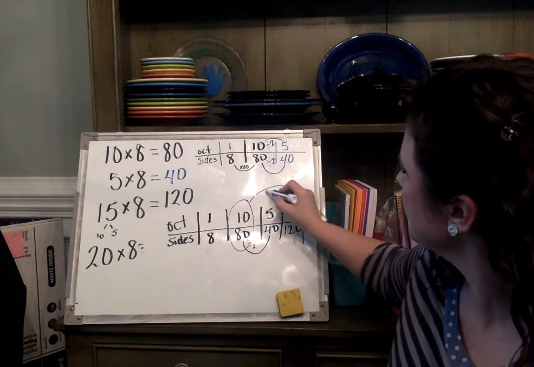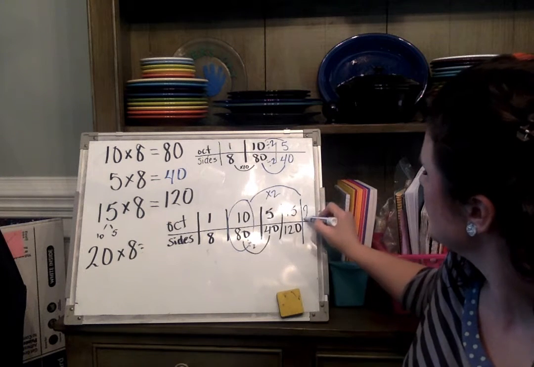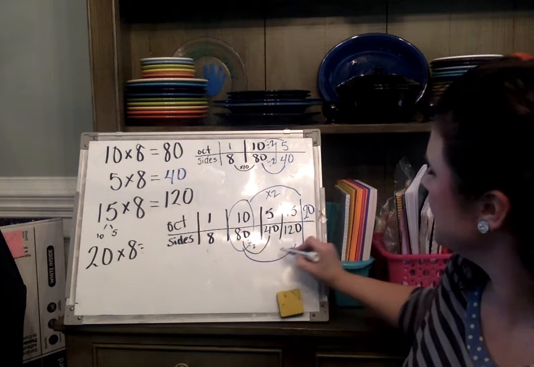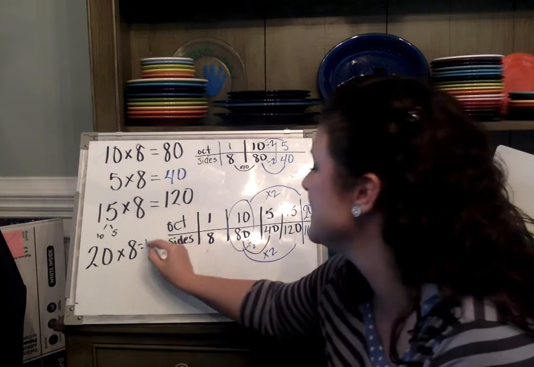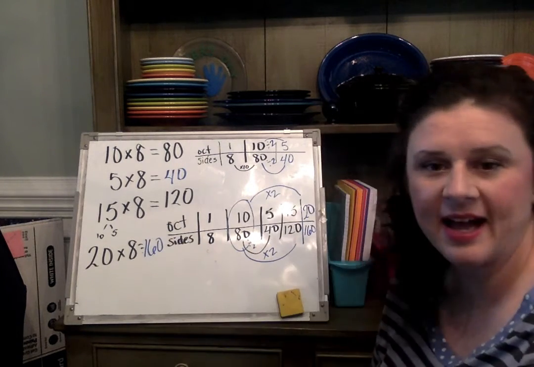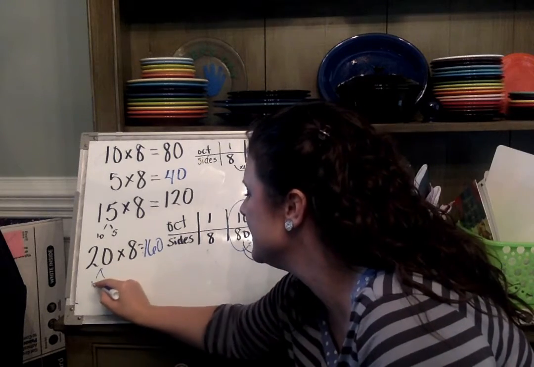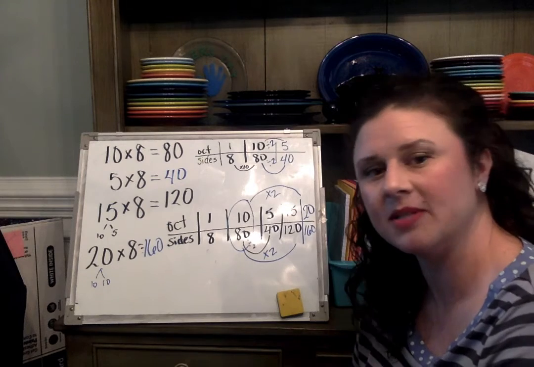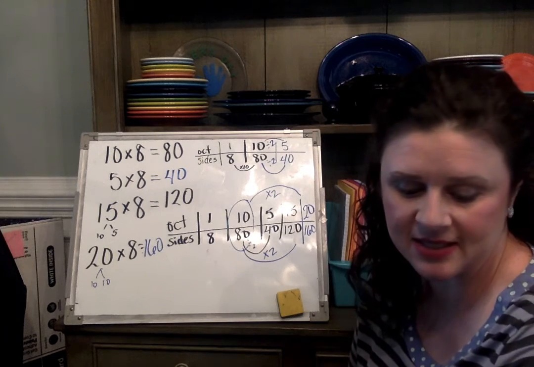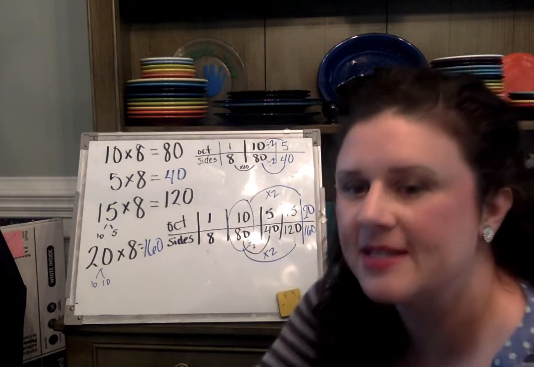So if I double 10, I get 20. If I double 80, I get 160. Remember, inside the 20 is a 10 and a 10, and 8 times 10 is 80, plus another 8 times 10 would be 160. But what about this?